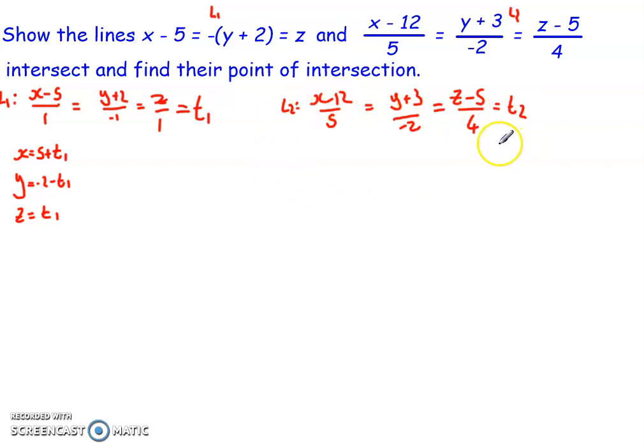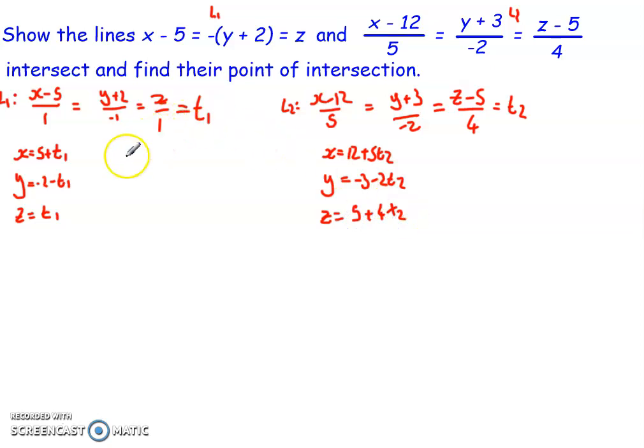And I'm going to do the exact same, get this in parametric form. So my x is equal to 12 plus 5t2. My y is equal to negative 3 minus 2t2. And my z is equal to 5 plus 4t2.